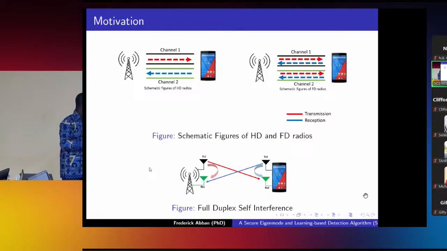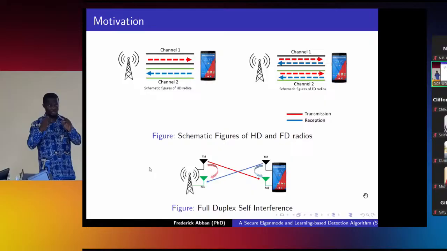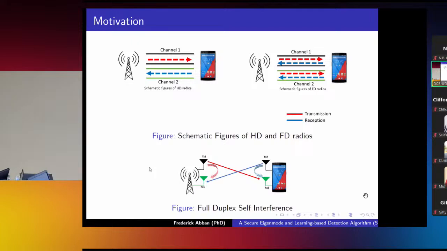So the base station transmits, and the receiver of your mobile device is to receive that communication. But when the signal is transmitted, the receiver of the same base station also receives the signal. So it's like you are talking and you are hearing yourself.